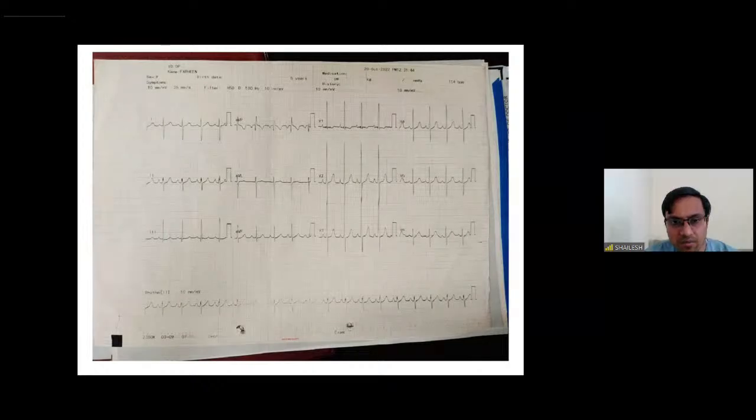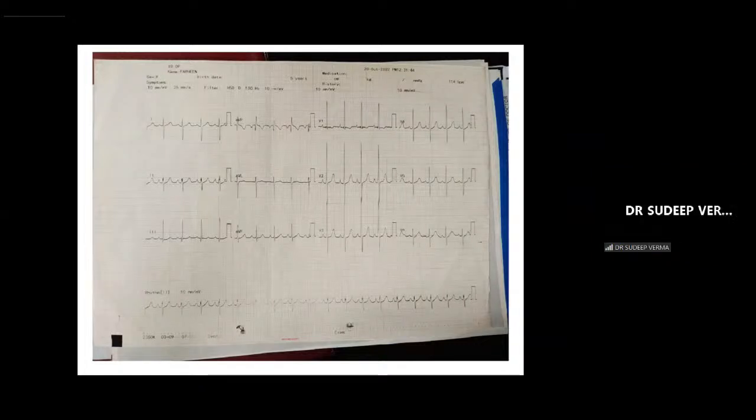Sir, there will be an initial positive R wave in lead 1 and AVL, sir. That indicates clockwise loop, sir. What do you mean by counterclockwise loop in limb leads? What does it suggest? What does it indicate, actually?